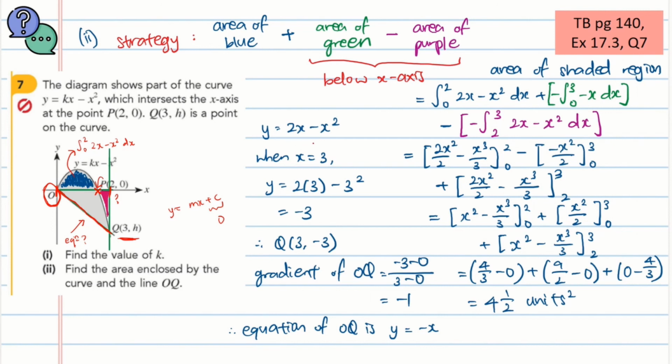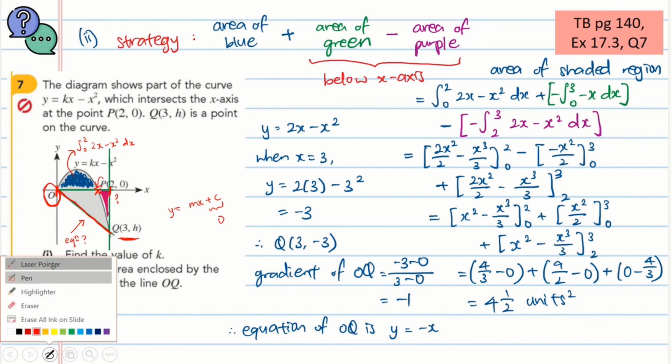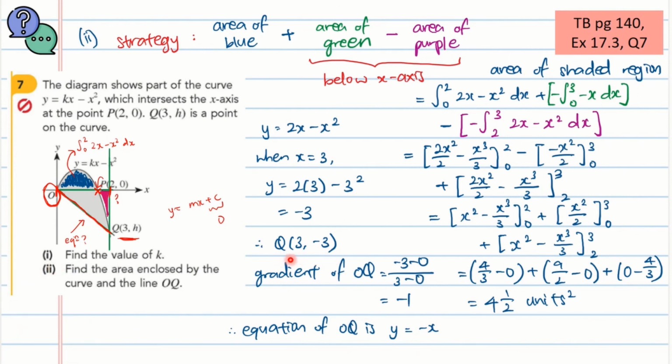With y equals 2x minus x squared, since Q is found on the curve itself, I can substitute in x equals 3. That is the x coordinate of Q. And then I will be able to find out that the coordinates of Q will be (3, -3), and the gradient of OQ will be negative 1. So therefore, in y equals mx plus c, m is negative 1, and hence my equation of OQ is y equals negative x.